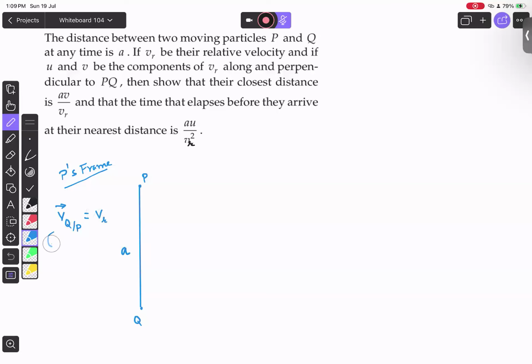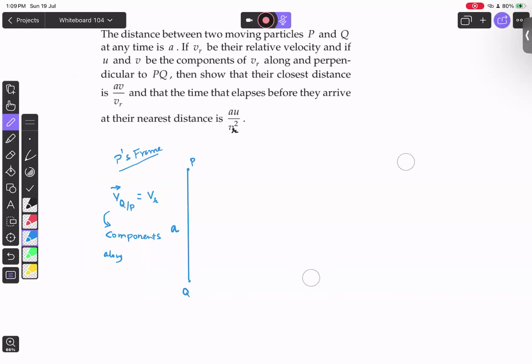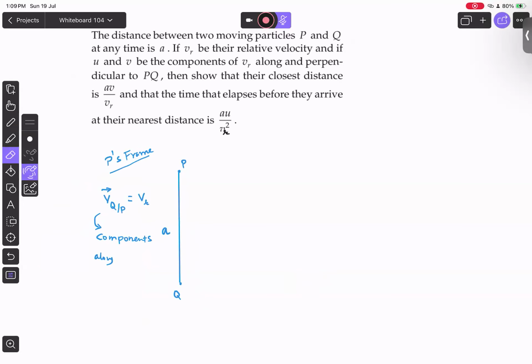And this velocity has two components. One component is along the line joining them. So U and V are the components of VR along and perpendicular to PQ.